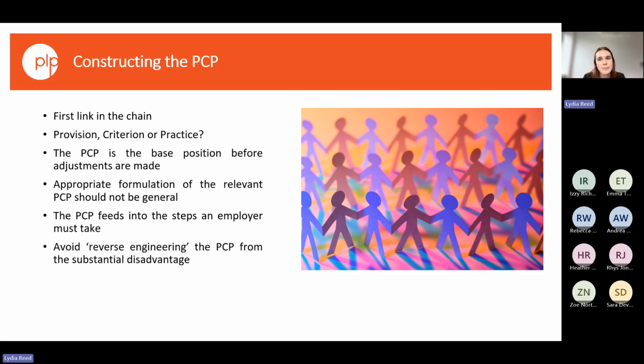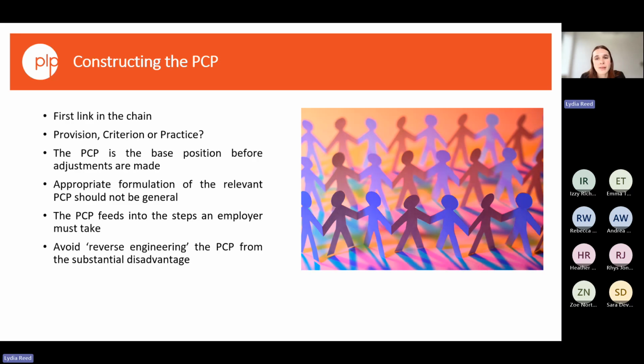It really is a feeder for the rest of the reasonable adjustments claim. The steps that the employer may or may not have taken, when reaching the end of the claim, will depend on the particular PCP. And so that general approach isn't going to necessarily assist a respondent if it is taken from a too general view.